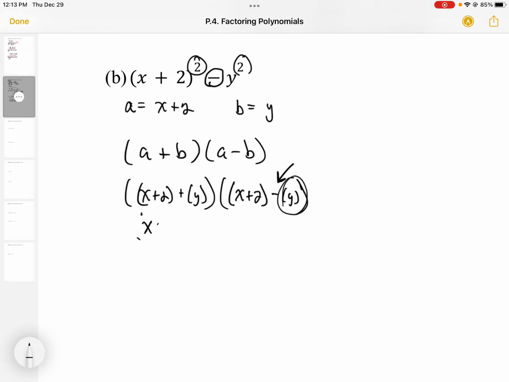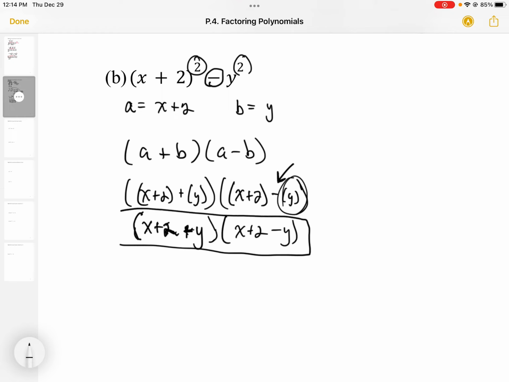So I could rewrite this so that it's a lot simpler to look at. Oh, excuse me, my pen is kind of acting up here. So this is x plus 2 plus y times x plus 2 minus y. And we cannot factor either one of those any further. So that's our final answer.